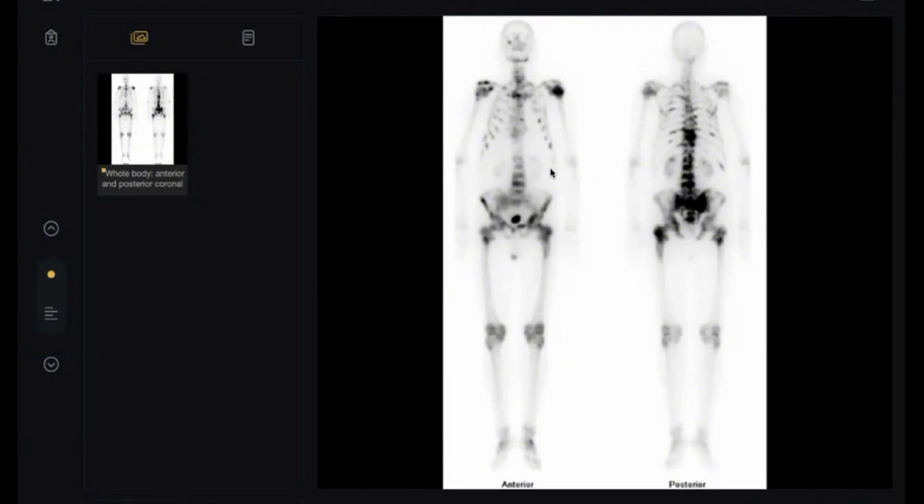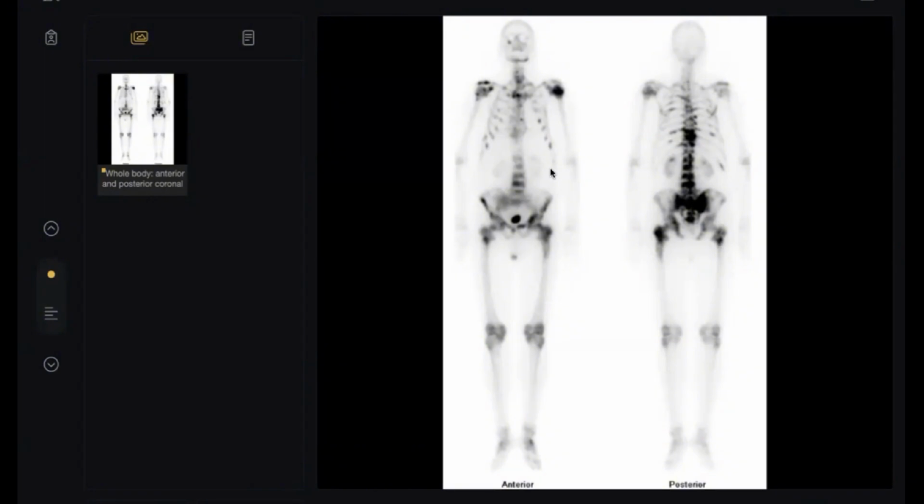Starting from the shoulder, there is bilateral asymmetrical shoulder uptake, more pronounced on the left, in the left humeral shaft, and multiple small areas of uptake in bilateral ribs, in the posterior spine, in the thoracic and lumbar spine, in the sacrum, in the coccyx, as well as along the anterior iliac blades.